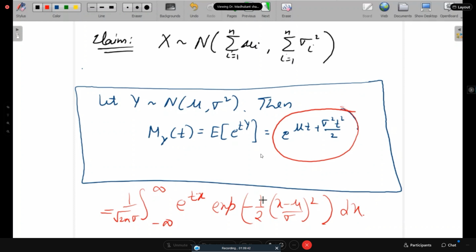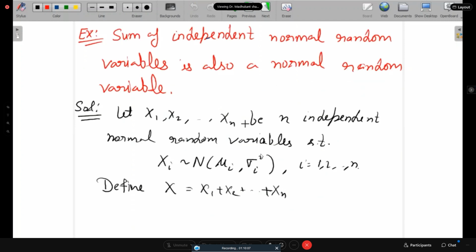Right. Now, once you have this, you already know that the moment generating function defines the distribution of a random variable uniquely. So you will follow a similar process to the binomial case. Let X1, X2, ..., Xn be independent normal random variables such that each Xi follows a normal distribution with mean mu i and variance sigma i square.